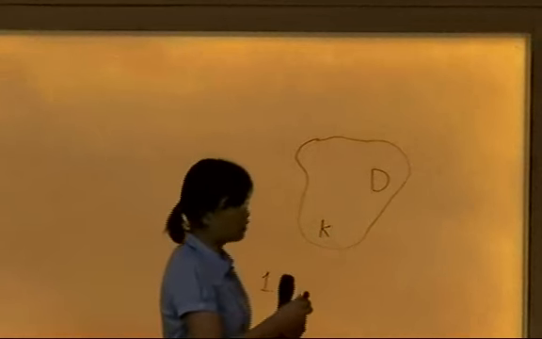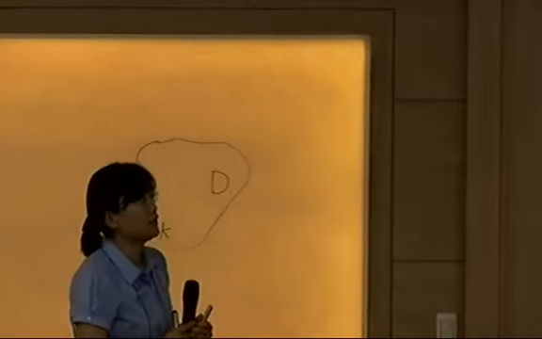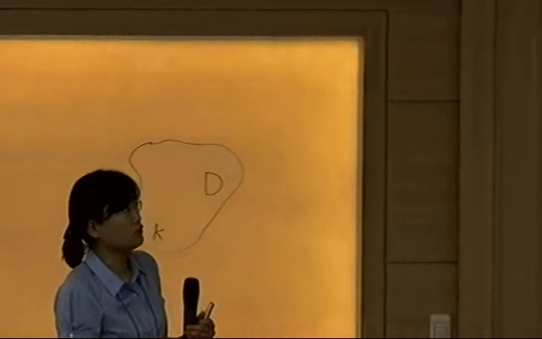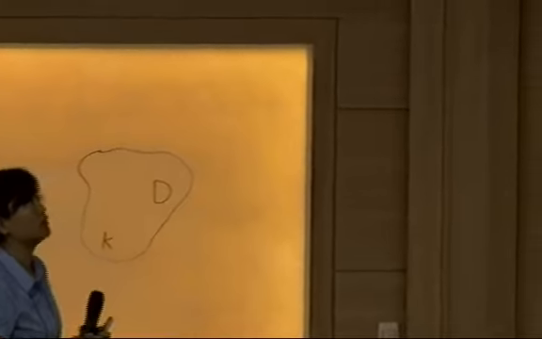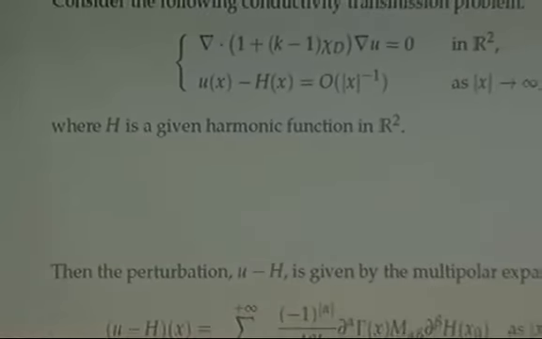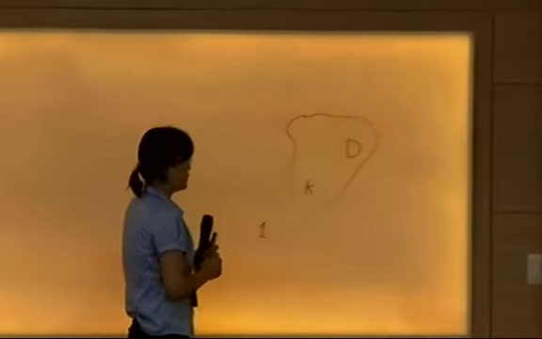At this moment, the governing equation is the conductivity equation, and it could be the elastic wave equation or the Helmholtz equation. But I will explain with the simplest model. Let's say D has conductivity constant K, and the background conductivity is 1.